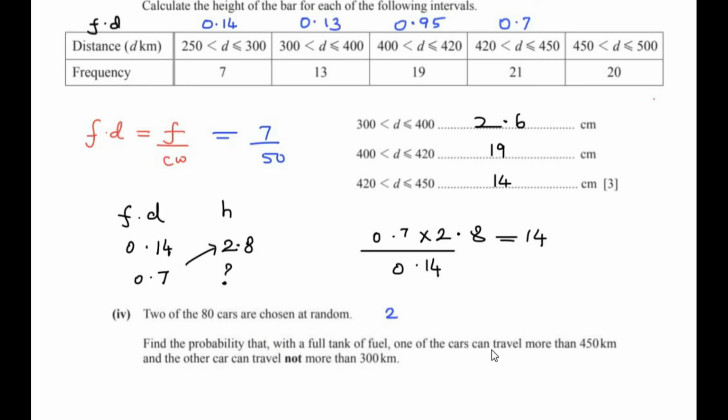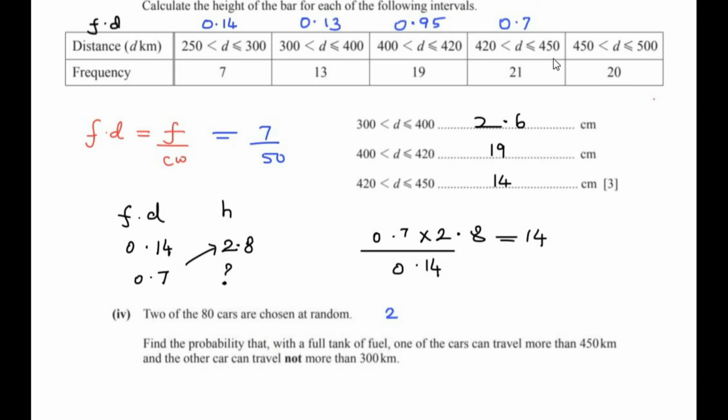Now the other thing they have given is one of the cars out of these 2 cars can travel more than 450 km. If you look at this table, these are the distances covered by the number of cars. It is like 7 cars have traveled between 250 and 300 km and so on. Now if you look at the last part of this table, 20 cars have traveled between 450 and 500 kilometers.